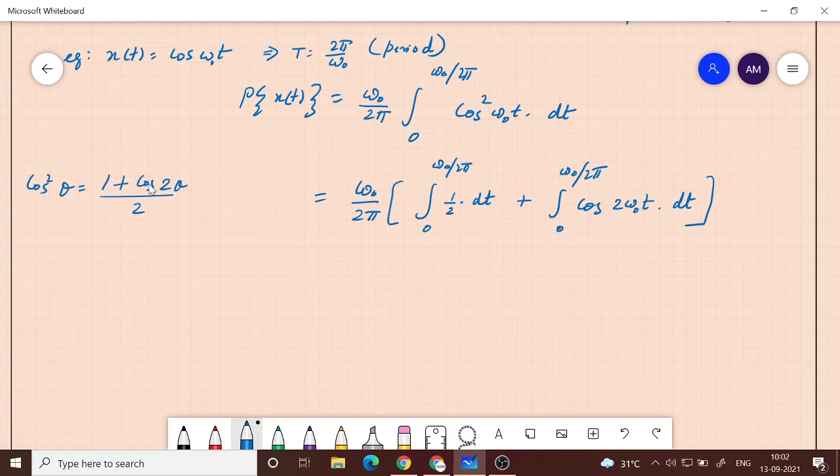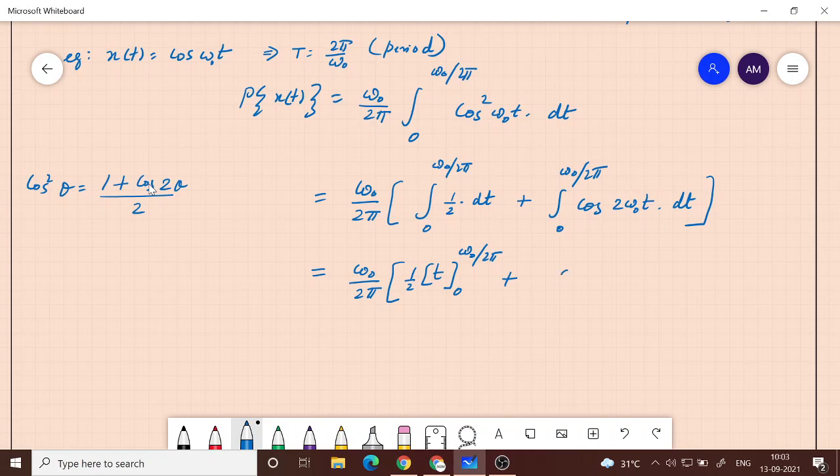So this is equal to omega 0 by 2 pi into half dt is going to give you t, so 0 to 2 pi. Then we have this integral of cos, which is sine.